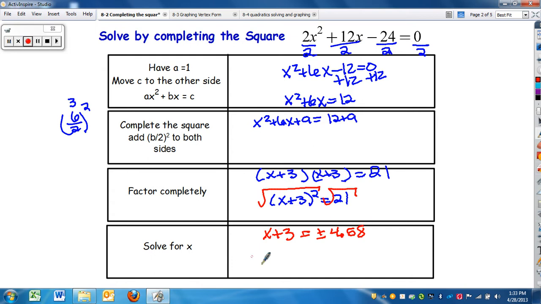So now we write our 2 equations since we have 2 answers. X plus 3 equals 4.58. X plus 3 equals negative 4.58. Minus 3, x equals 1.58. Minus 3, x equals negative 7.58.